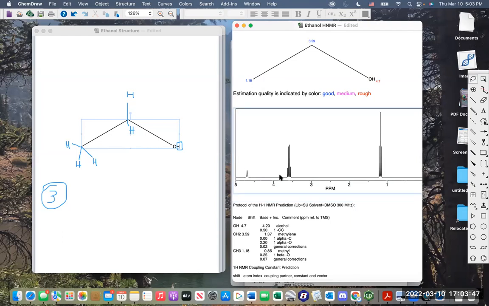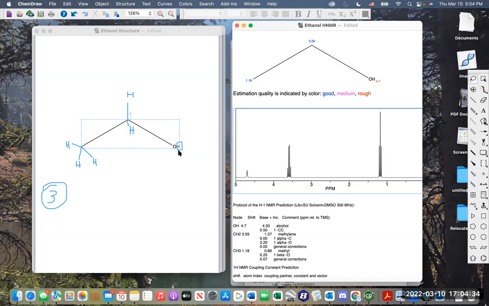To predict the number of peaks or splits, you can use the equation N + 1, where N is equal to the number of hydrogens on the neighboring carbon. This type of splitting is known as first order coupling because it involves the direct interaction between two hydrogens.